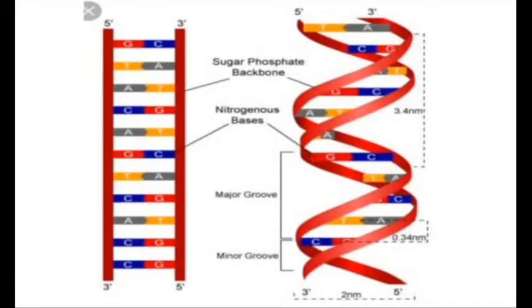The two chains comprising one double helix run in opposite directions. That means they are anti-parallel because the 3' end of one chain lies close to the 5' end of the other chain, and never in the reverse condition.